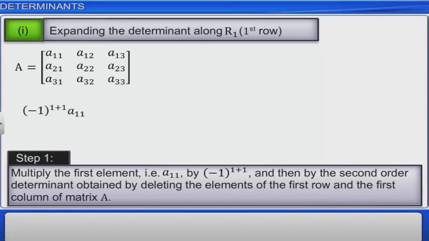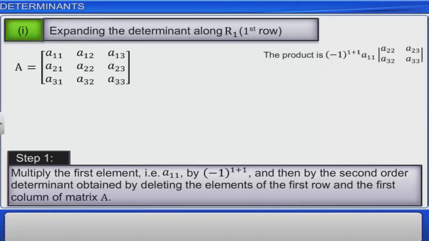And then, by the second order determinant, obtained by deleting the elements of the first row and the first column of matrix A. This is because A11 lies in the first row and the first column. Hence the product corresponding to the above step is as shown.